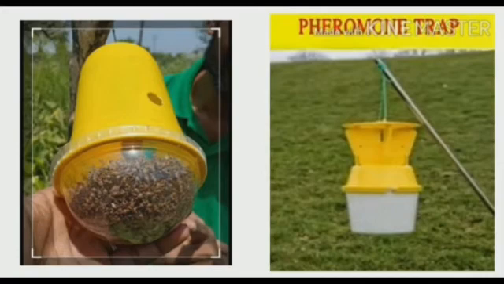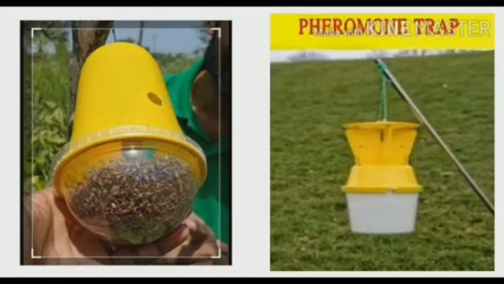We use the synthesized pheromone in pheromone traps that are placed in different places in the agricultural field. Using this pheromone trap, we can attract the insects which cause destruction to our agricultural field.